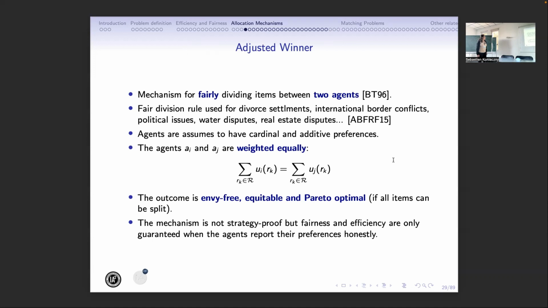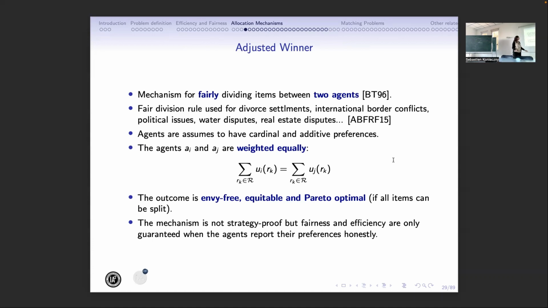In this procedure, you can assume that agents have cardinal or additive preferences. And if we consider cardinal preferences, the agents are assumed to be weighted equally.